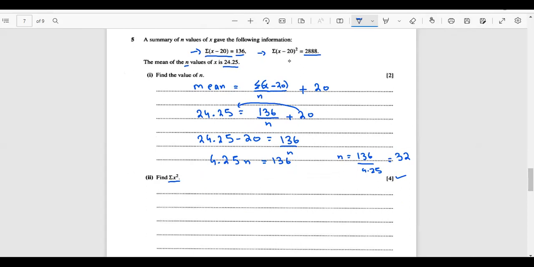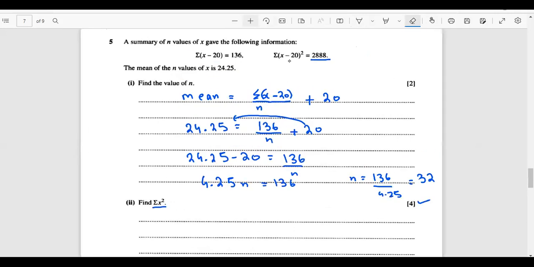Now this is the x squared thing. And certainly if you say that, ma'am, if we add 20 squared, that is not going to give you summation x squared. That is certainly not going to give you the summation x squared. So we need to do something else.